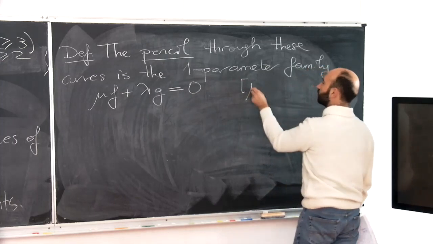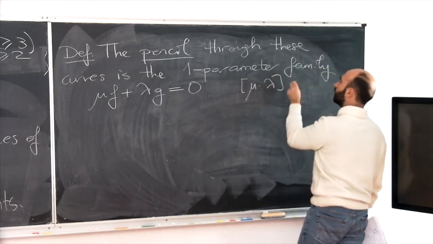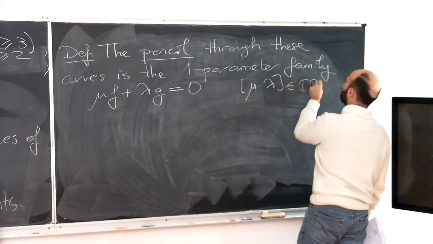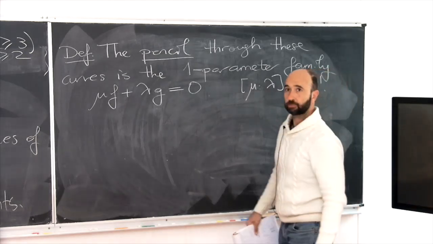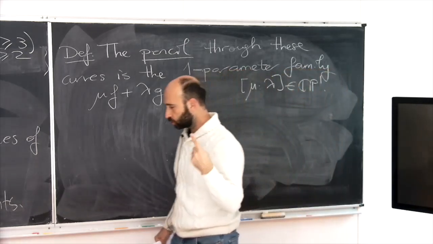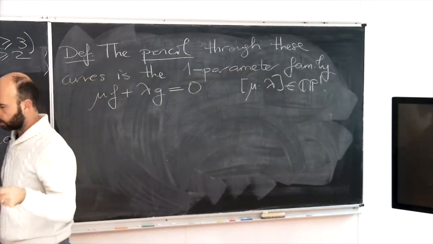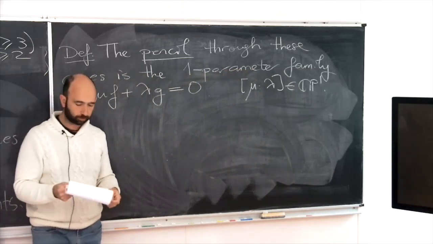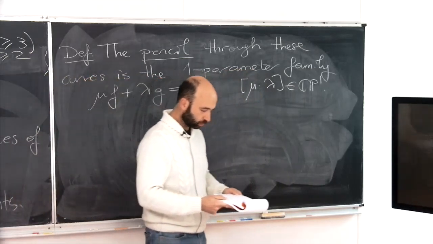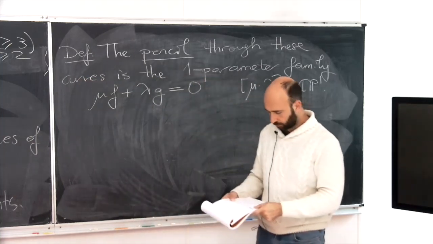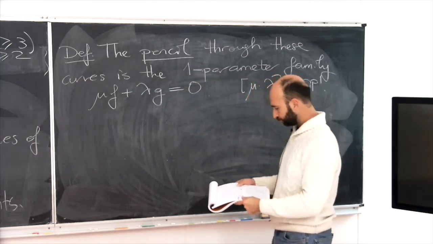So it's reasonable to take (mu, lambda) itself to be in CP1. So that's saying you take two complex numbers, but you don't care if you multiply both of them by the same constant. Right, so this gives you some family of curves.